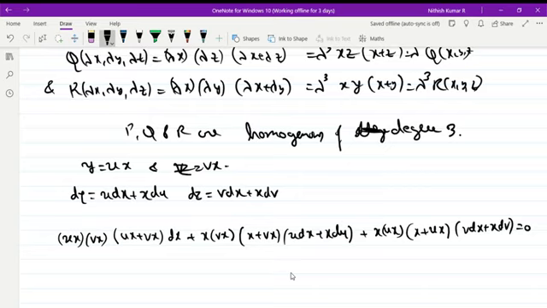Now let's observe: here it is x into x into x, so x cube, here x cube, and here again x cube. So x cube is common and gets cancelled.